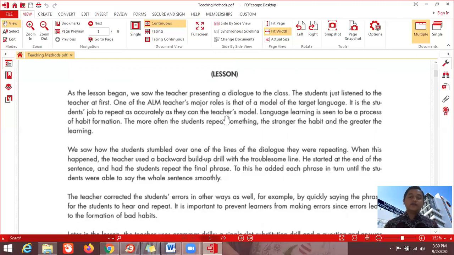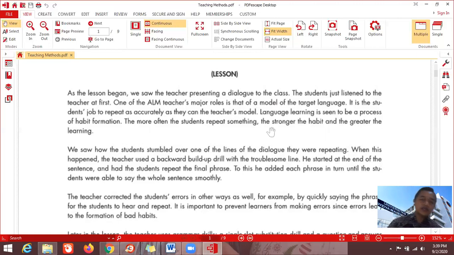For example, feline, feline. Villain? No, not villain. We're talking about feline. Canine. You know canine? Yeah, the police dogs. Sorry, my bad. So canine, canine. Repetition is very much emphasized in this case.